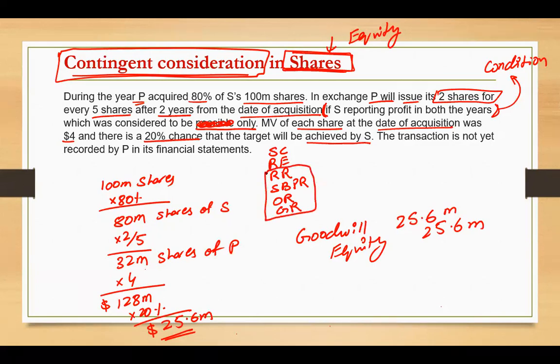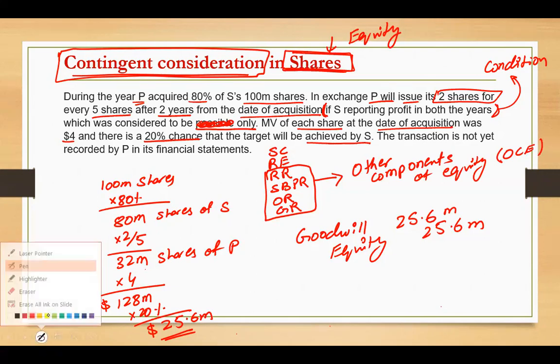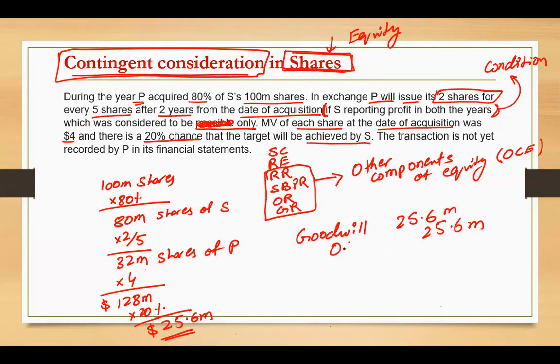So normally, to make it easier, we say that apart from share capital and retained earnings, the remaining reserves are known as other components of equity, which in short we can say OCE. So we can even say it's goodwill debit and OCE credit, which means a separate reserve should be created for this $25.6 million.